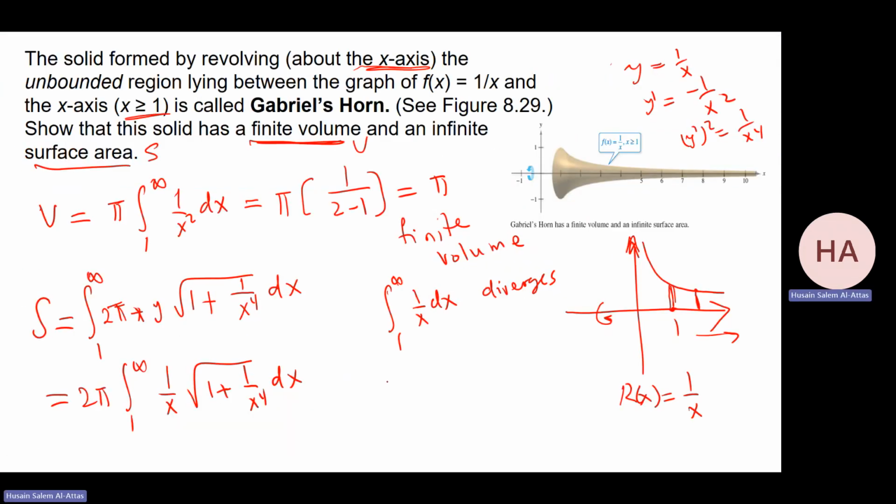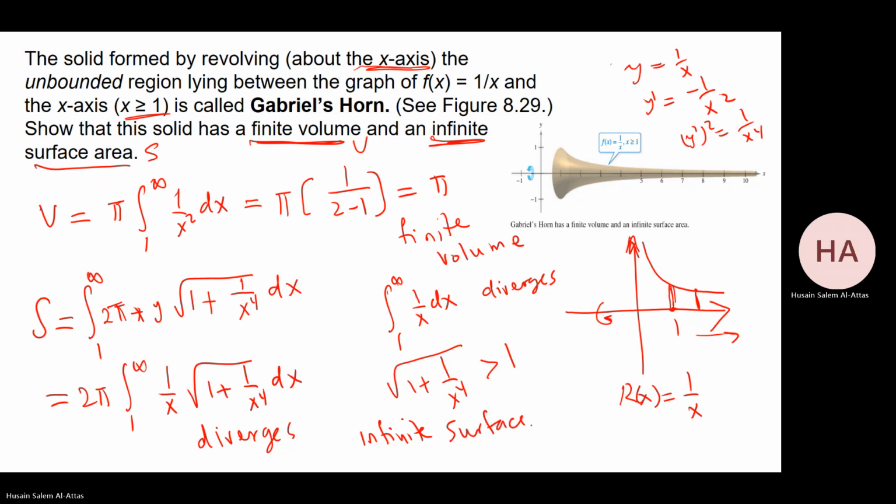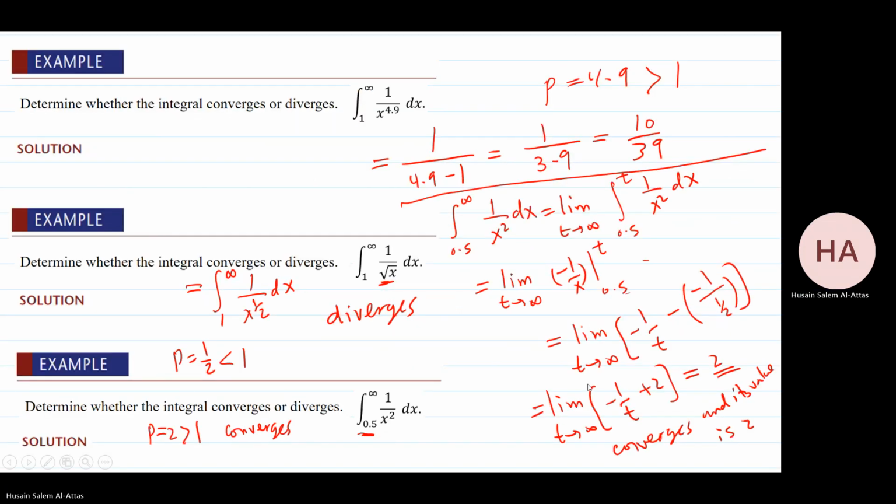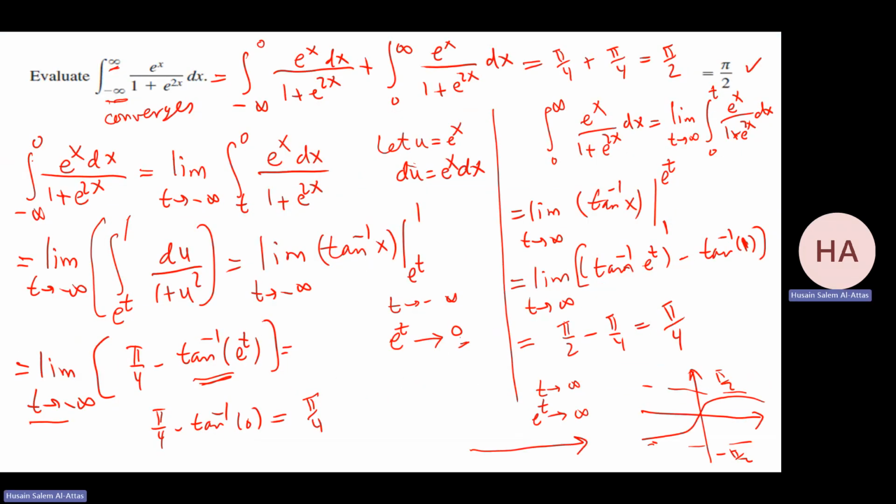And I know this square root is greater than 1. So infinity times a value greater than 1, for sure diverges. So we have infinite surface area.